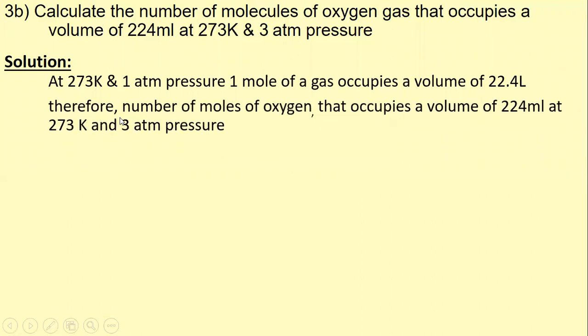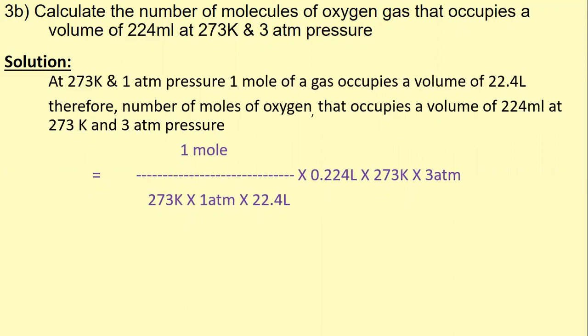Now, the number of moles of oxygen that occupies a volume of 224 ml at the given temperature and pressure. We have to calculate the number of molecules of oxygen. We all know oxygen is a gas. In the question, we have to calculate for 224 ml of volume, so first of all we calculate for 1 mole.